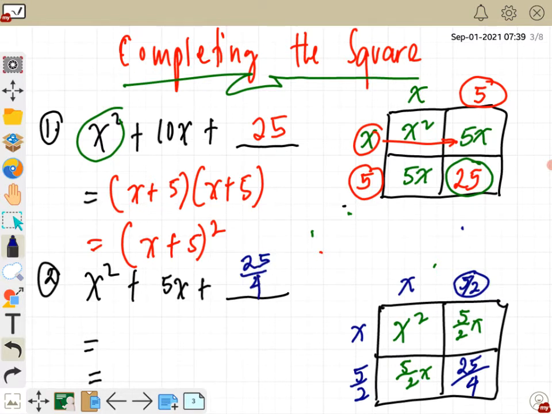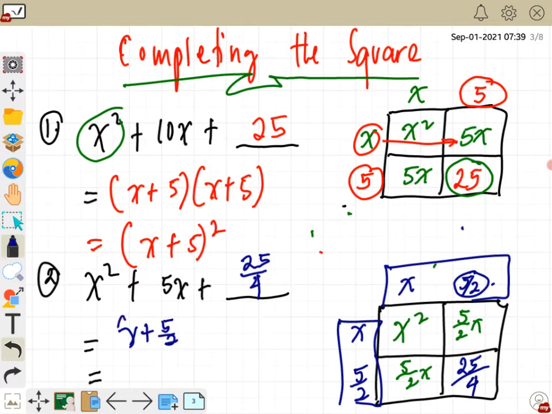So how to factor it? Go back to this and go back to this. You'll have x plus 5 over 2, x plus 5 over 2, and in turn you can say that that is x plus 5 over 2 squared. So that is the idea of completing the square.